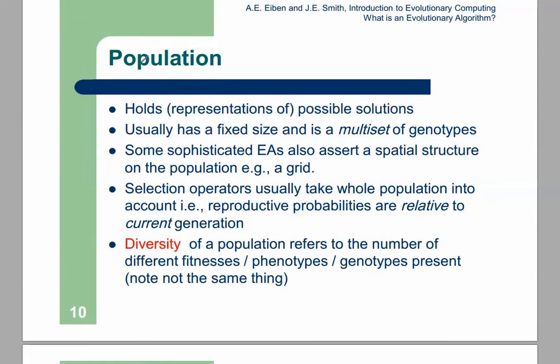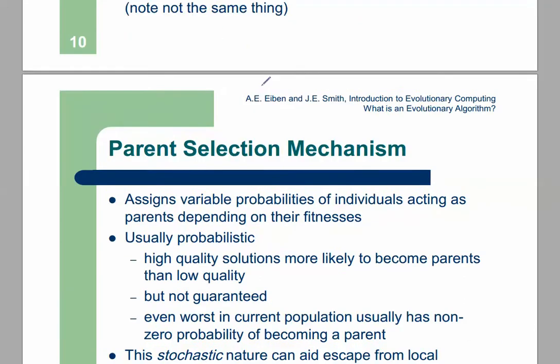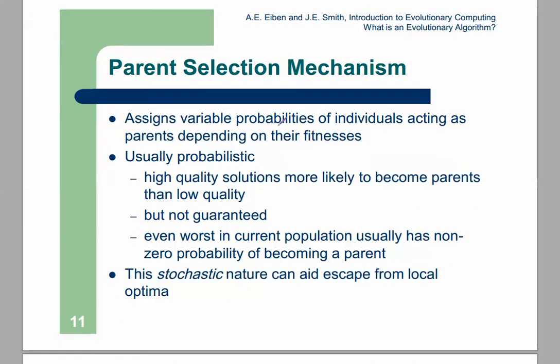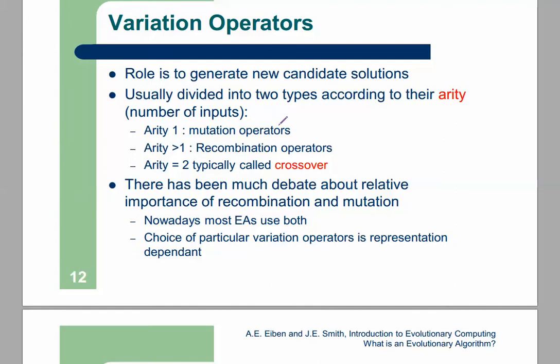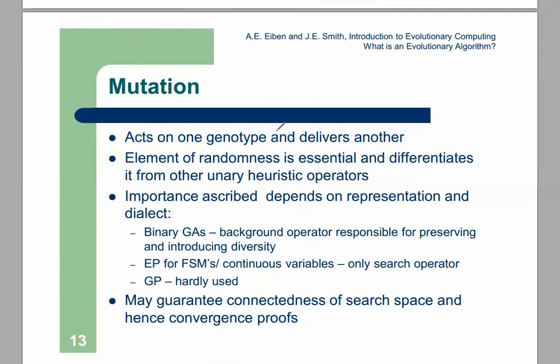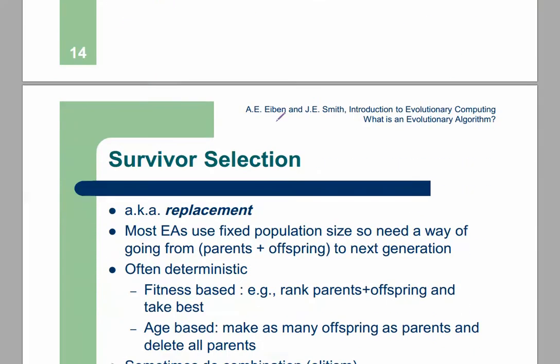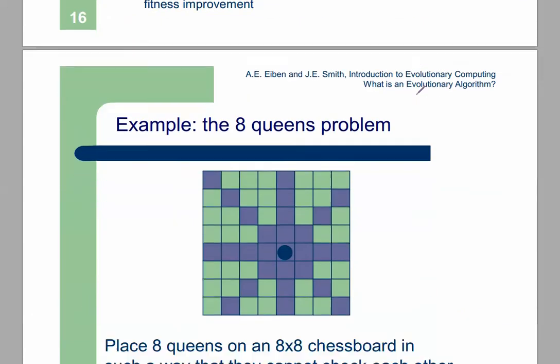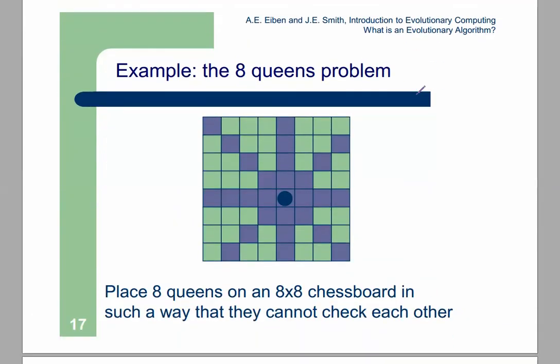The population at first is most of the time produced randomly. The parent selection mechanism selects parents to combine them, then operations such as mutation, recombination, survivor selection, termination and initialization.